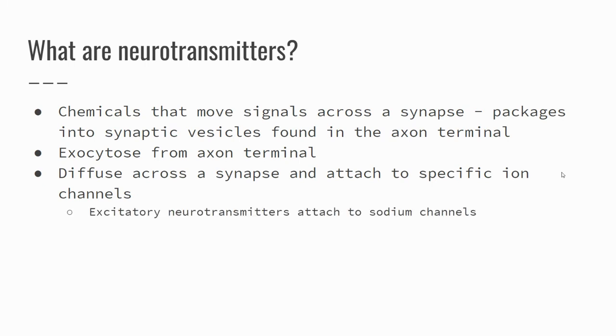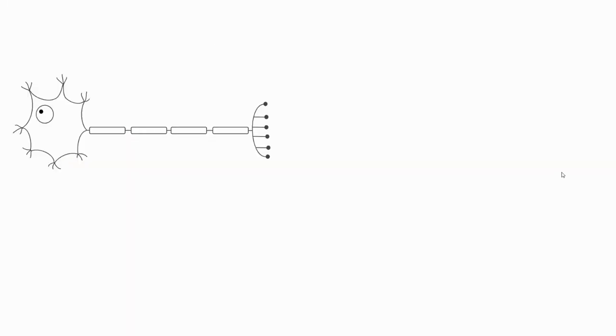We call these excitatory neurotransmitters, and they attach to the sodium channels on the other end, which are the dendrites. This is really key because an excitatory neurotransmitter means that it excites the channels and opens them up.